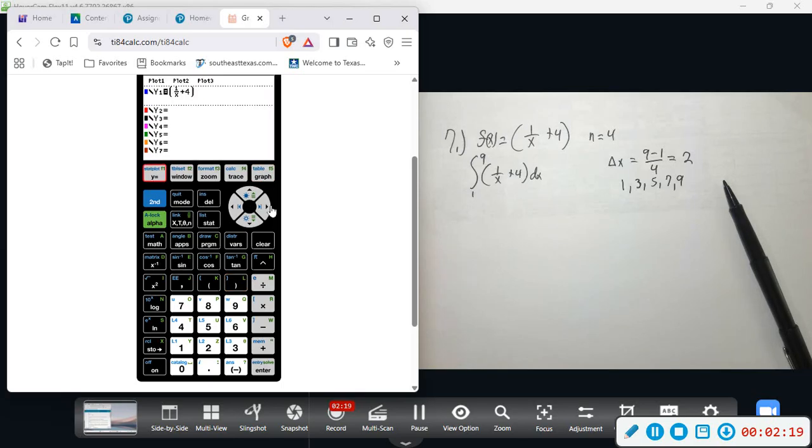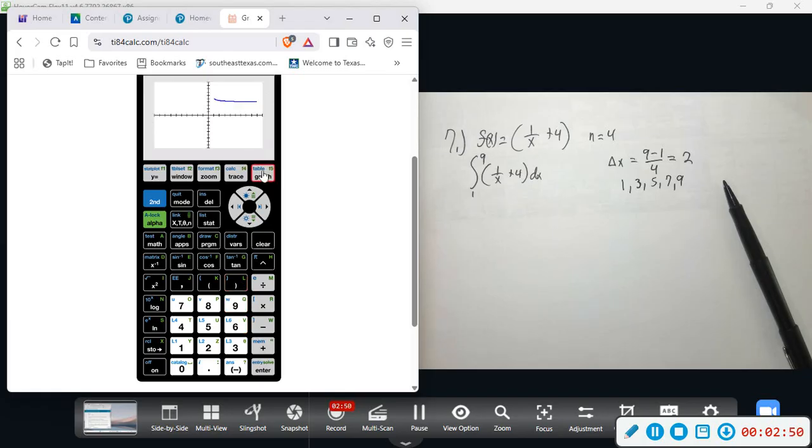Go back to y equal, we're going to restrict it to be between 1 and 9. So add divided by 1, second math, less than or equal to x. And then second math, and we're going to go to logic, and then and, and we're going to do x is less than or equal to 9.